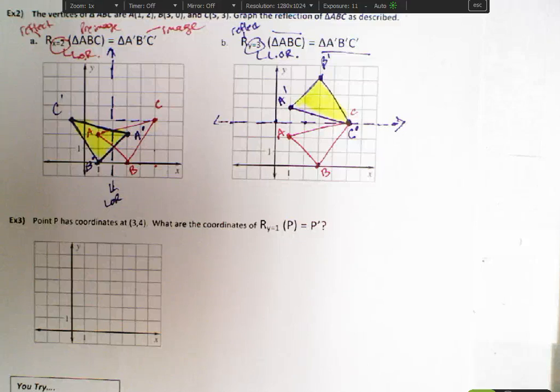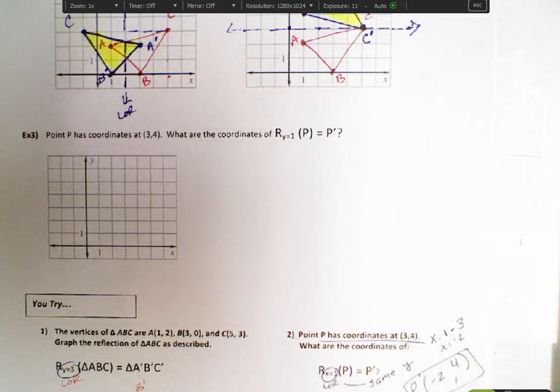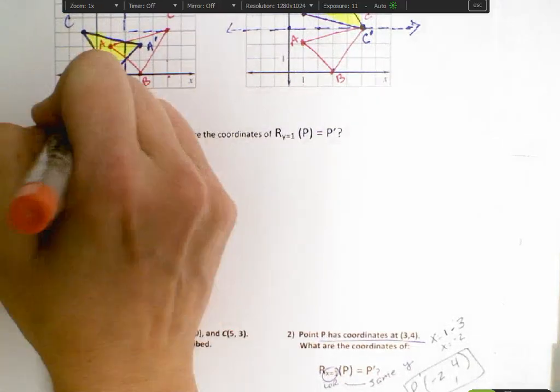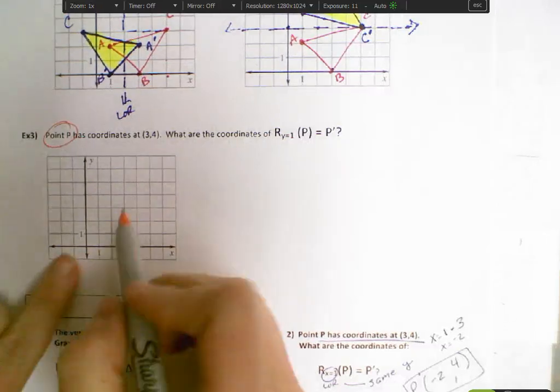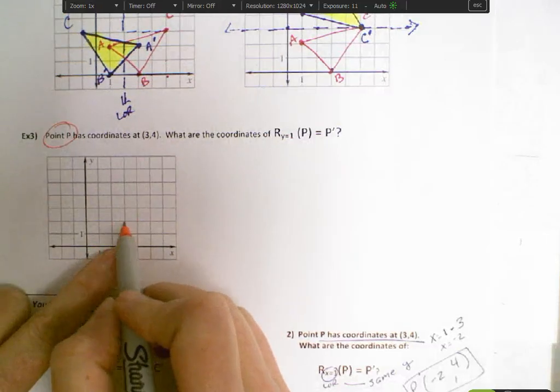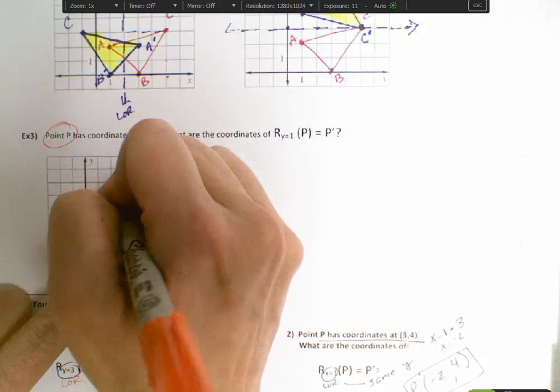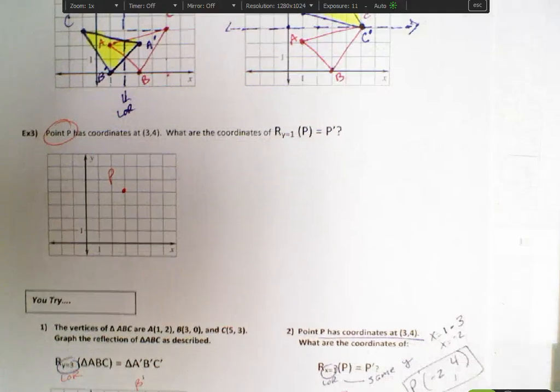Sometimes we have figures that are being reflected, sometimes we have just plain old lines that are being reflected, sometimes, such as example 3, it's just a point. A point P has coordinates 3, 4. So I want to graph 3, 4. 1, 2, 3, 1, 2, 3, 4. So point P is right there.